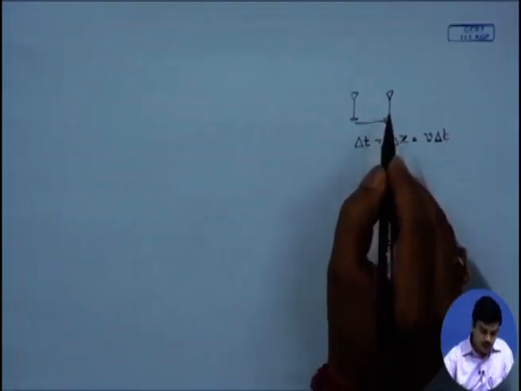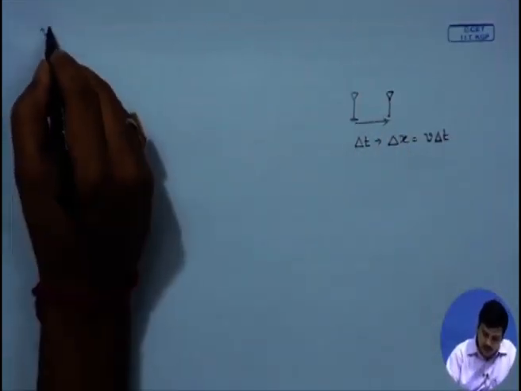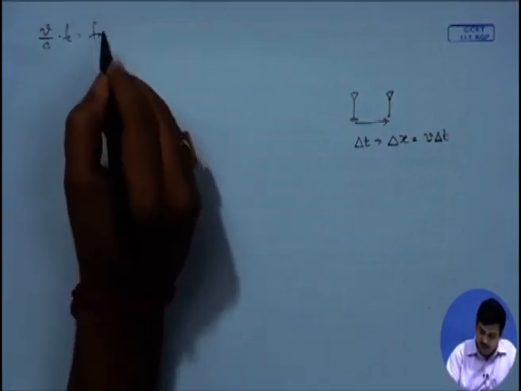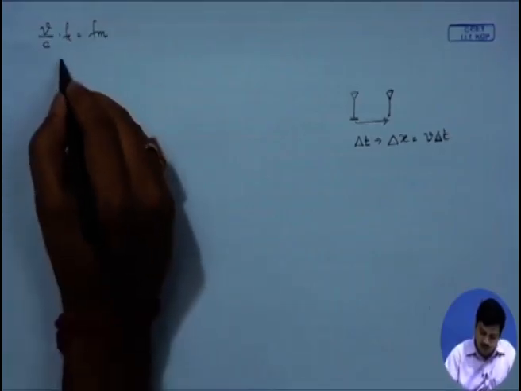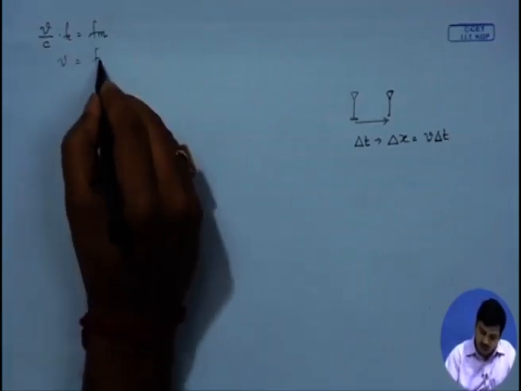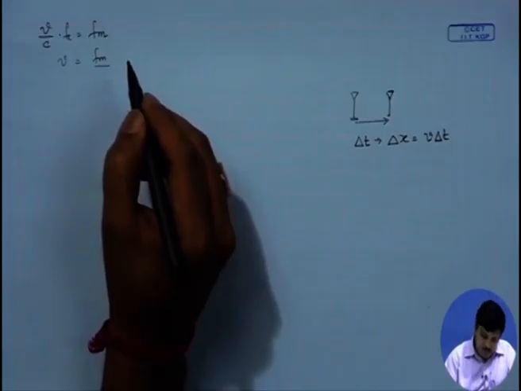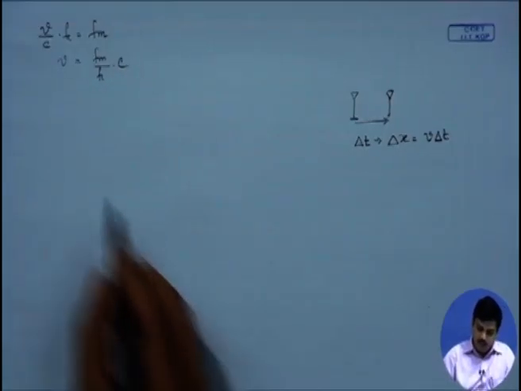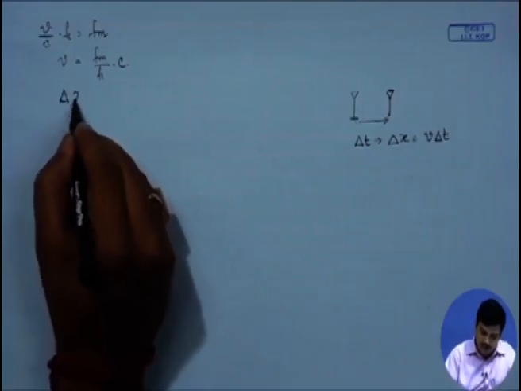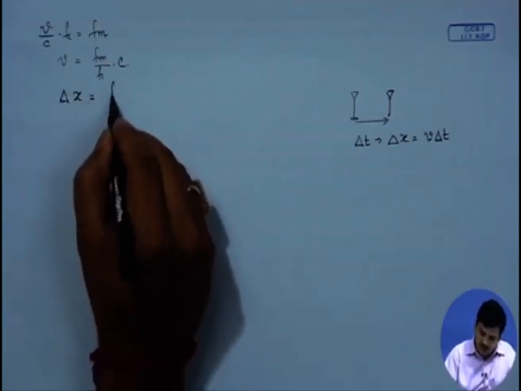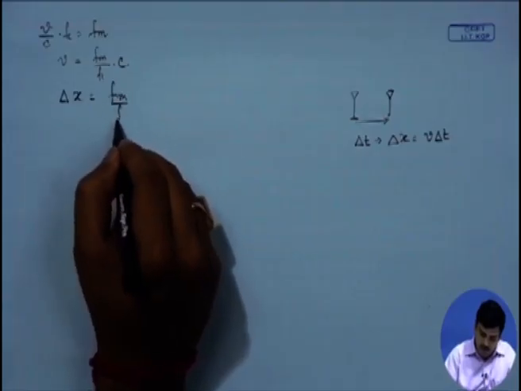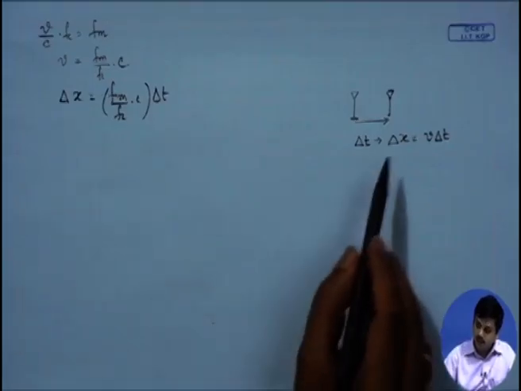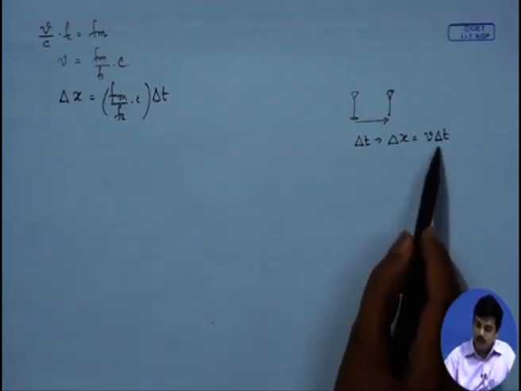Since we know that v by c times fc equals fm, we could also write v equals fm by fc times c, and we could write delta x as fm by fc times c times delta t, taking delta x equals v times delta t.